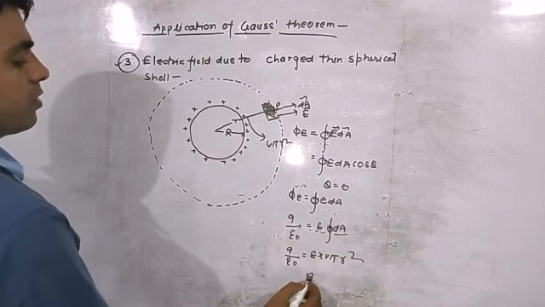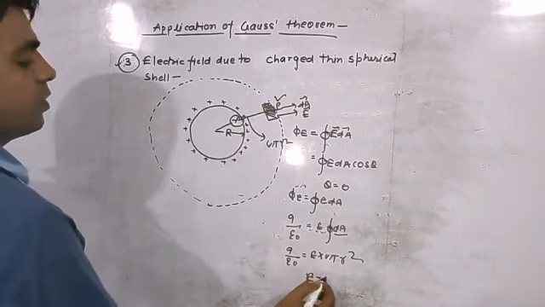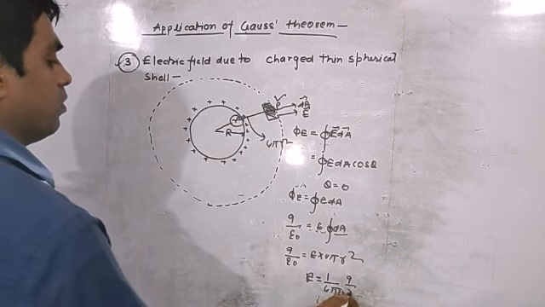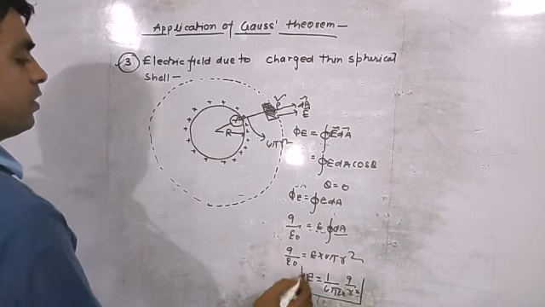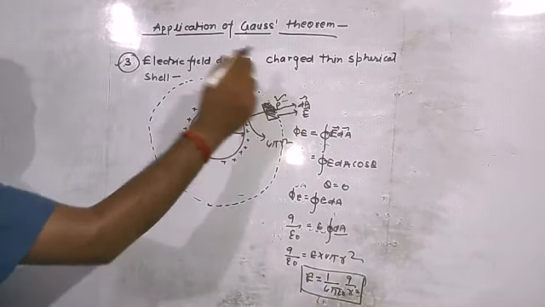So the electric field intensity outside, at point P at a distance r, will be given by this. This is the electric field intensity outside the shell. Outside the shell, at distance r, at point P.